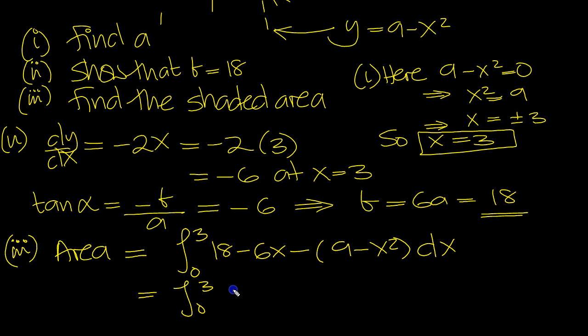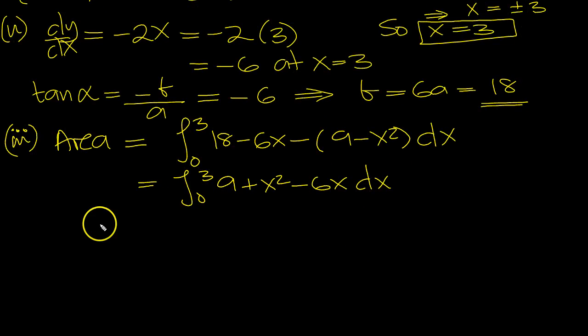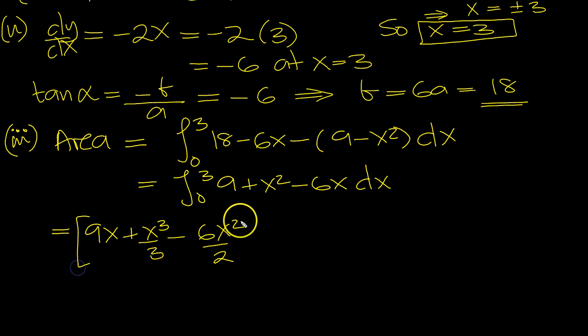18 minus 9 is 9. Minus minus is plus x squared, and then we've also got the minus 6x. So integrate this then and see what we get. It's 9x plus x cubed, raise the power, divide by that number, minus 6x, raise the power to 2, divide by that number. And that needs to be evaluated between 0 and 3. 6 over 2 is also the value 3 lots of x squared.